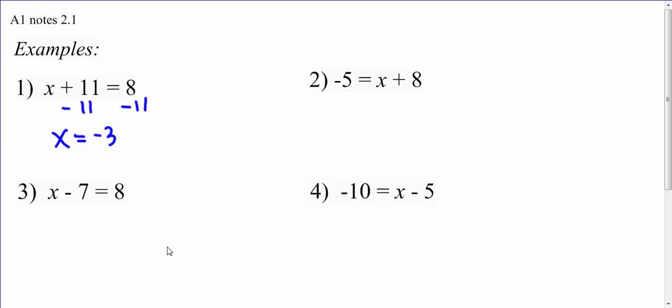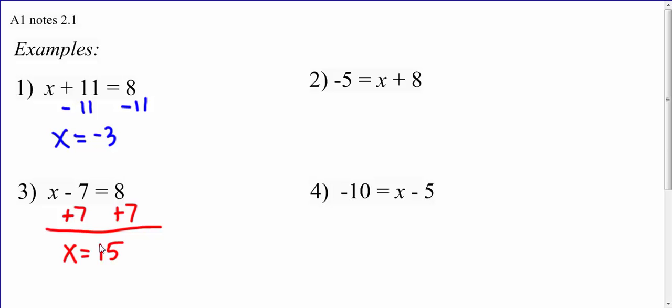I'm going to move down to number 3 for our purposes. We just used the subtraction property of equality. I want to use the addition property of equality, which is what we would run into on number 3. x minus 7 equals 8. We can add 7 to each side, so x then would equal 15.